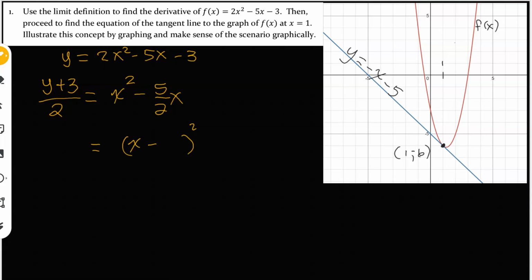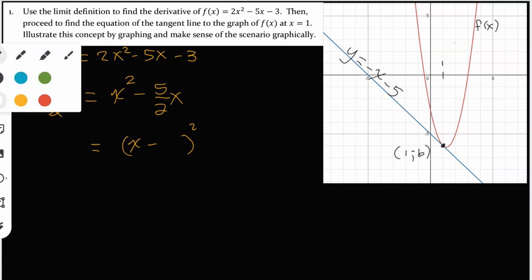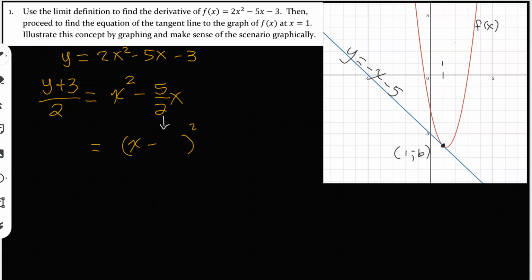To make this a complete square, this is going to be half of 5 over 2, and half of 5 over 2 is 5 over 4. In order to make that a complete square, I need that thing squared, which is 25 over 16.